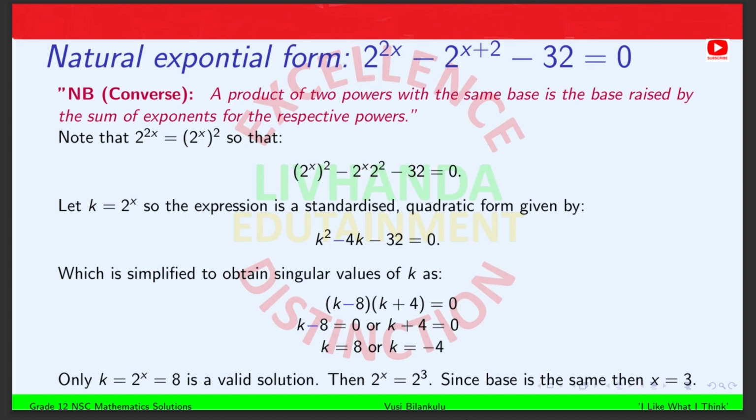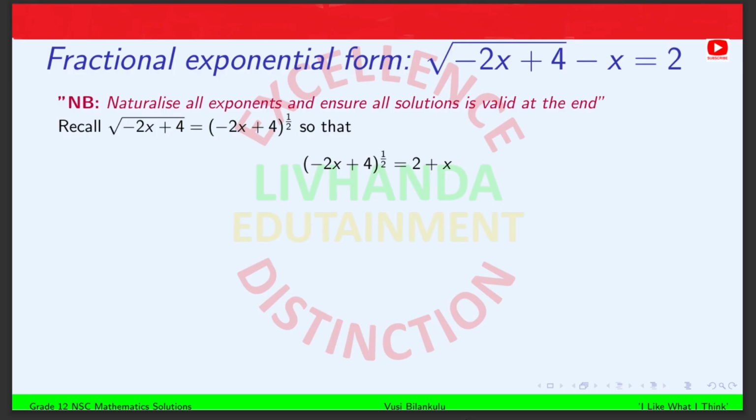Furthermore, prime factors of any constant, such as 8, should be confirmed using a pocket calculator. Lastly, since base 2 exponent x equals base 2 exponent 3, the bases are the same, so x equals 3.